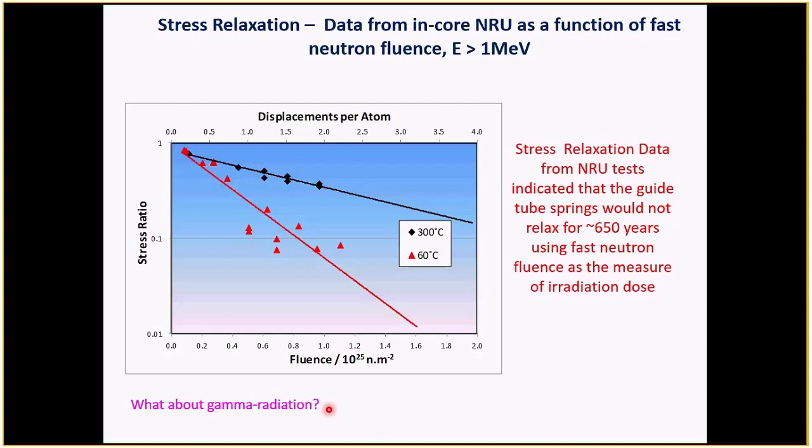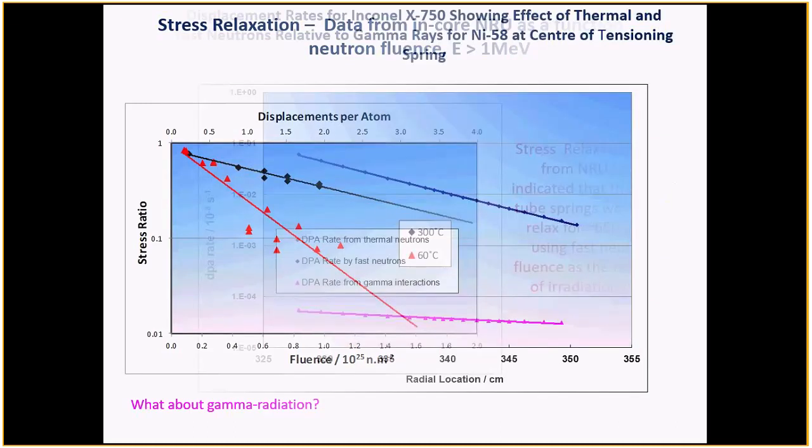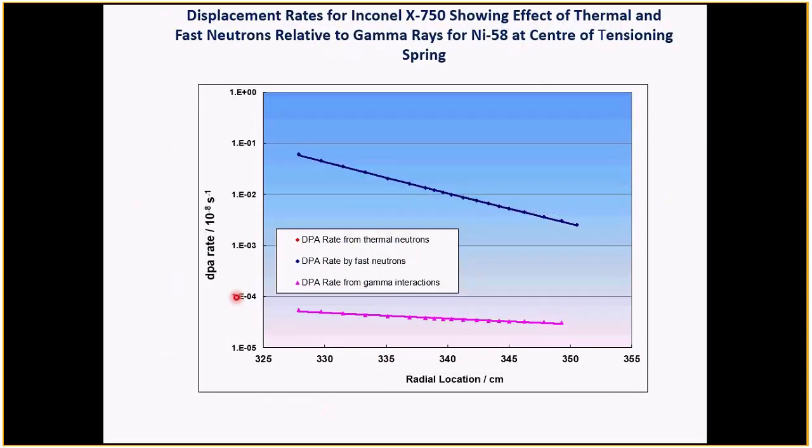So this came across my desk when I was a manager, and the obvious thing was to say, well, what about gamma radiation? Because we're in a CANDU reactor, thermal flux, you're not absorbing many neutrons, you're going to have a higher gamma flux, in fact, at the periphery.